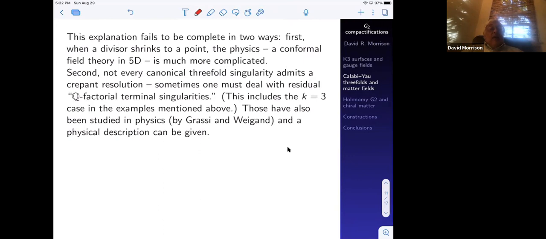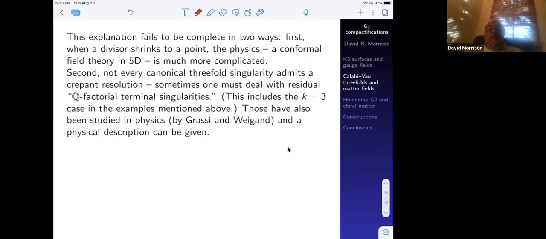And I should ask whether the blow up that I'm trying to do to describe the singularity respects that holomorphic three form or not. And sometimes it doesn't. Sometimes the only way to get the singularity to resolve is to allow zeros or poles in that previously holomorphic three form. So sorry, previously it was nowhere vanishing. Now it might have zeros. So if it has a resolution with no extra zeros, we'll call that a crepant resolution. The discrepancy is the possible zeros or poles, which is the origin of that term.